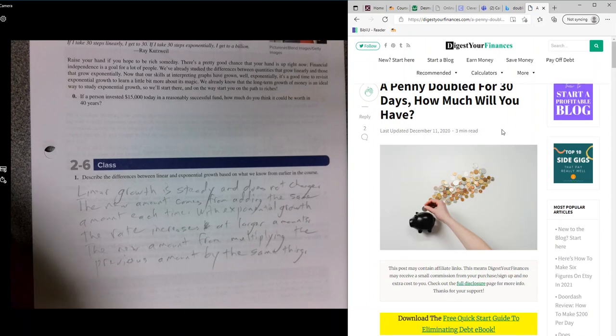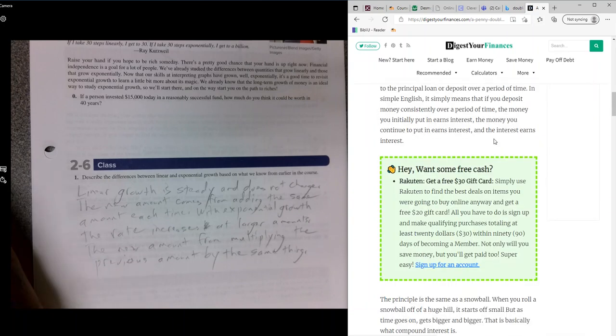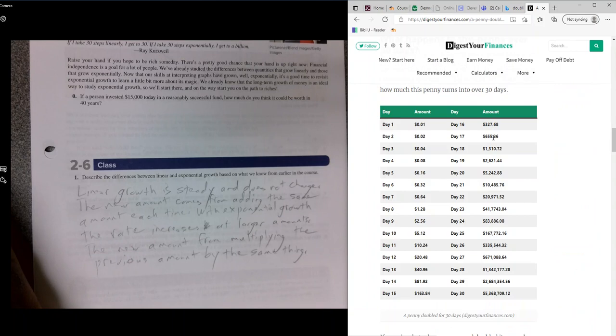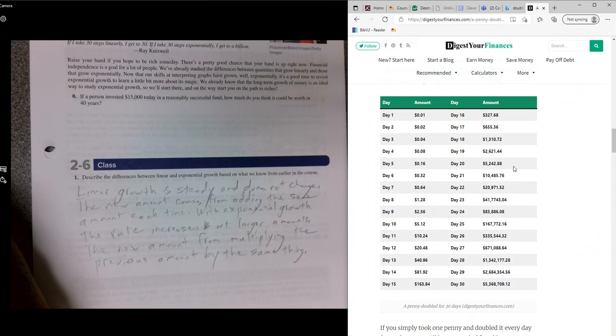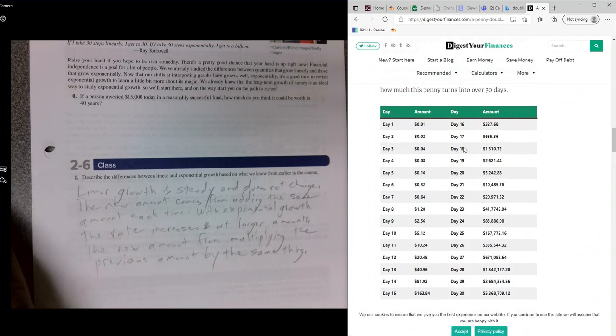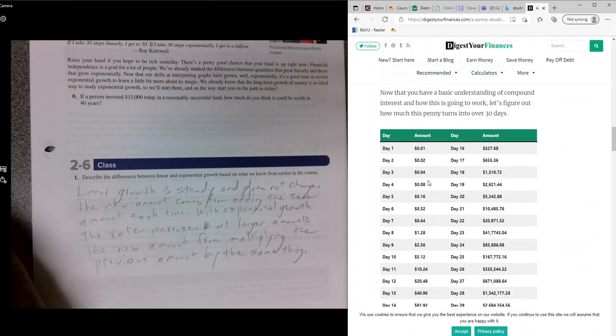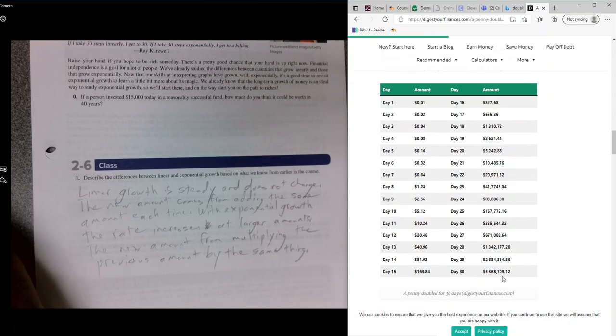It has all 30 days, and if you notice here, every time you're multiplying by 2, and it gives you all the way up to 30 days, which would be 5,368,709.12. Now, of course, if you do the 31st day, you would be over $10 million.